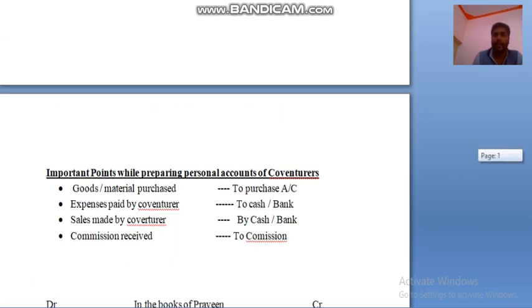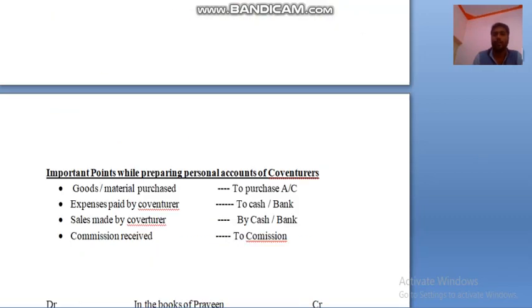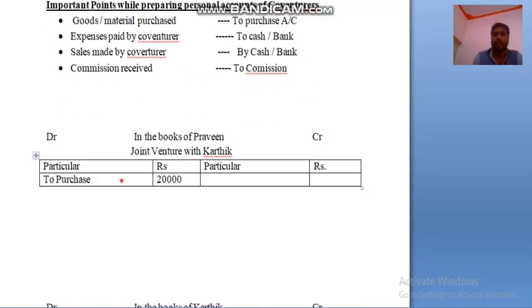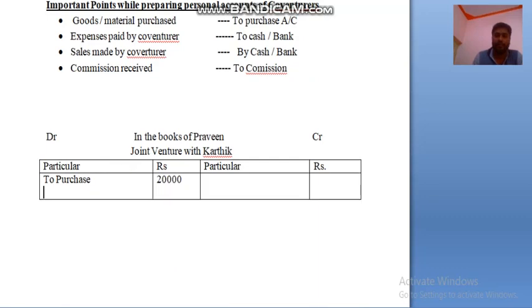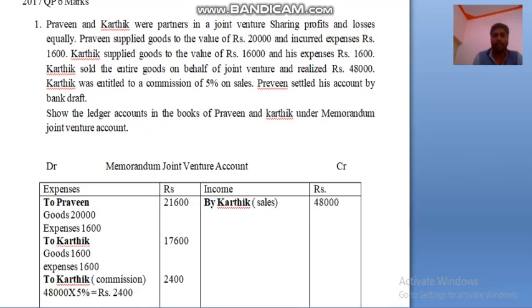And next, any expenses paid by co-venture, that should be debited with cash or bank. So to cash or bank, how much? 1,600. So the first transaction of Praveen is over.